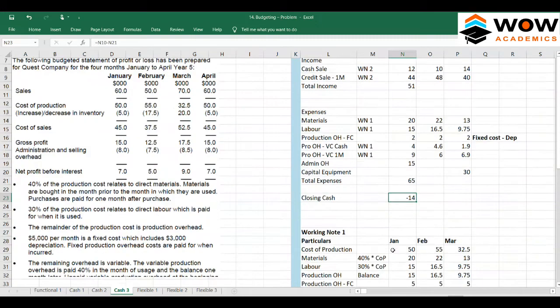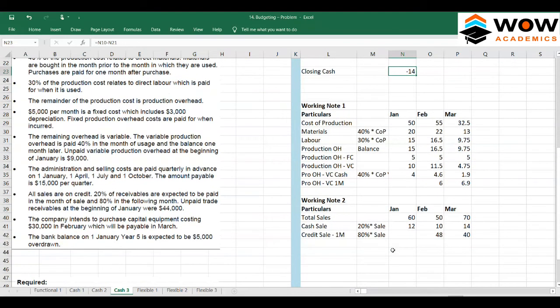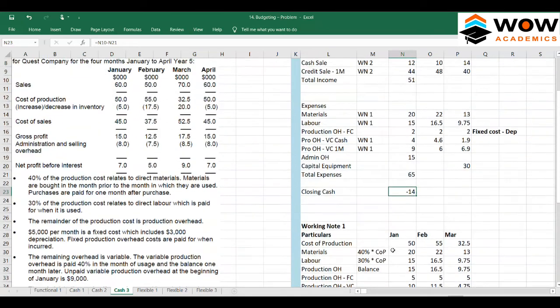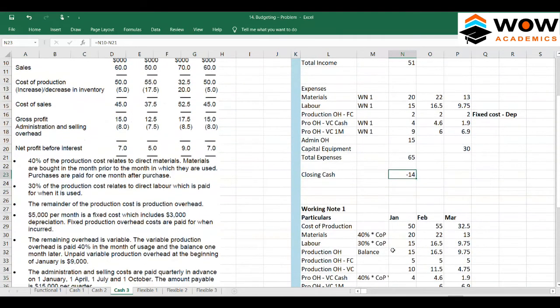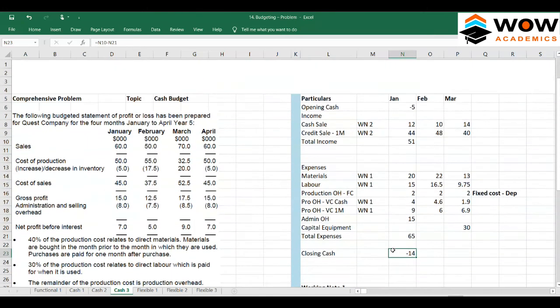Let's check once whether we have left out any other number. I think we have done all the numbers.